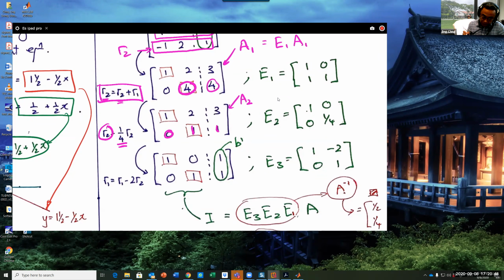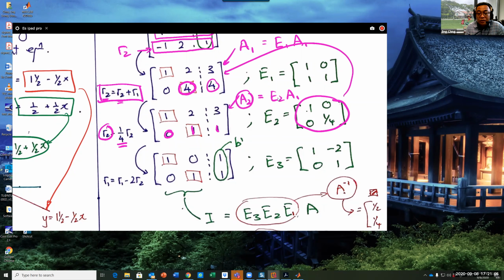How do I get this matrix called A2? It equals E2 multiplied by A1. You take this guy and multiply by this matrix and you will get A2. So you realize that we perform elementary row operations using these E matrices, E1, E2, E3, and the numbers tell us the order. When did this happen?